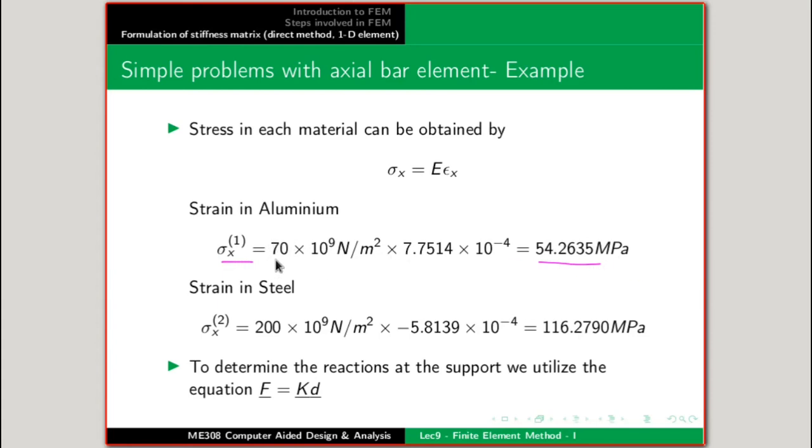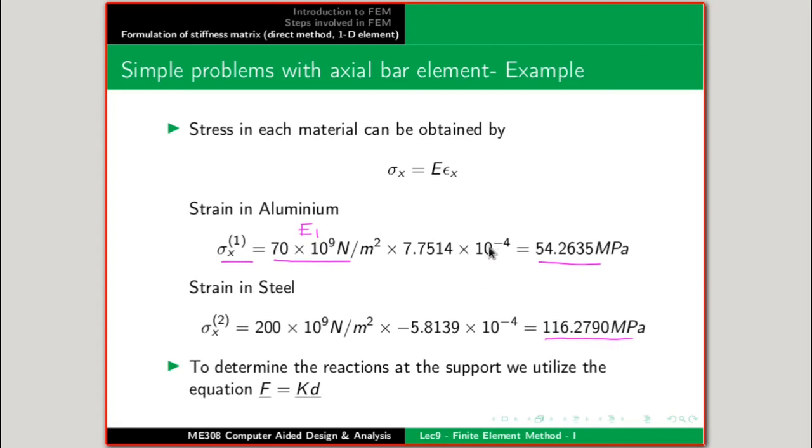Here 70 into 10 raised to 9 Newton per meter square is the Young's modulus for aluminium. For steel, we have 200 into 10 raised to 9 Newton per meter square, the Young's modulus for steel. Multiplying it with the strain in steel will give the stress in steel.